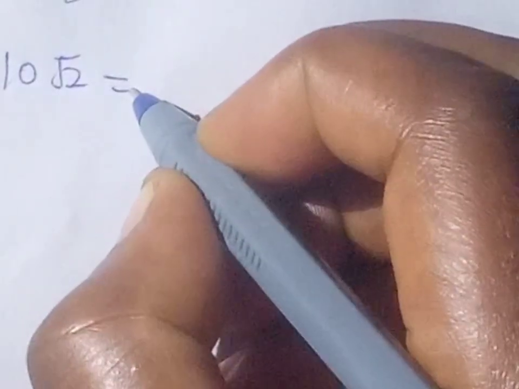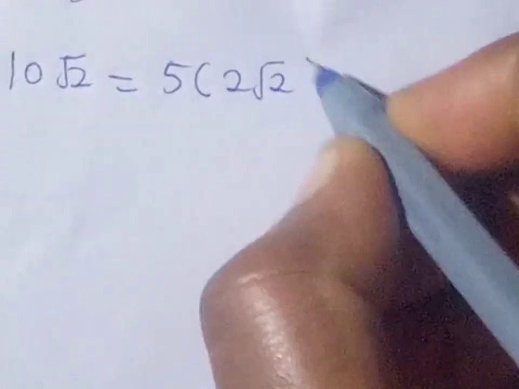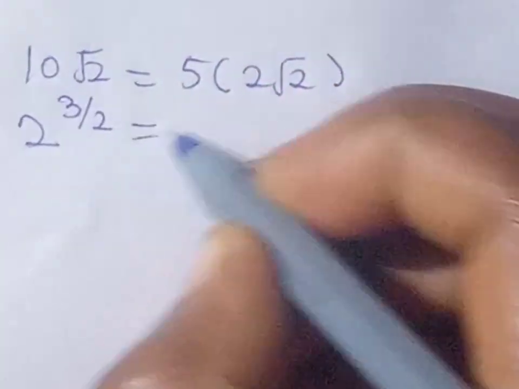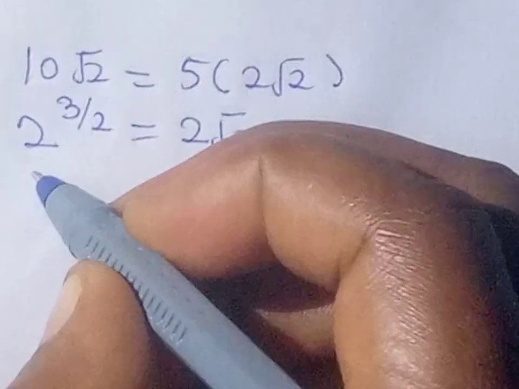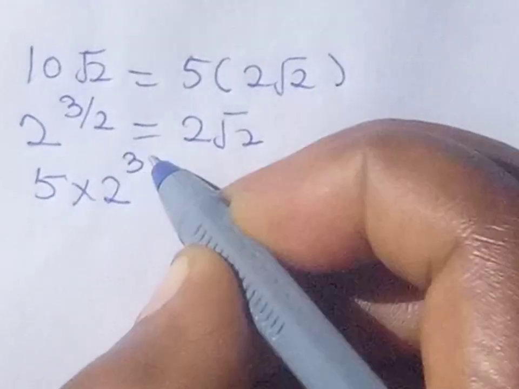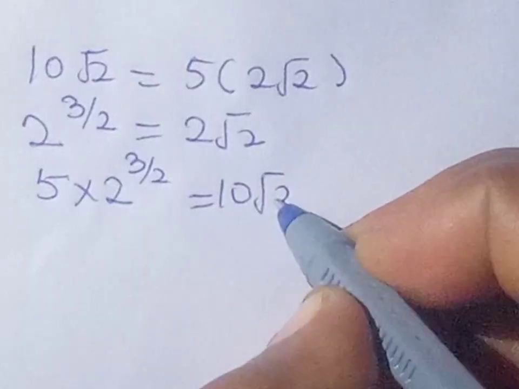Let's remember 10 root 2 is equal to 5 times 2 root 2. So 2 raised to the power of 3 over 2 equals 2 root 2. Therefore, 5 times 2 raised to the power of 3 over 2 equals 10 root 2.